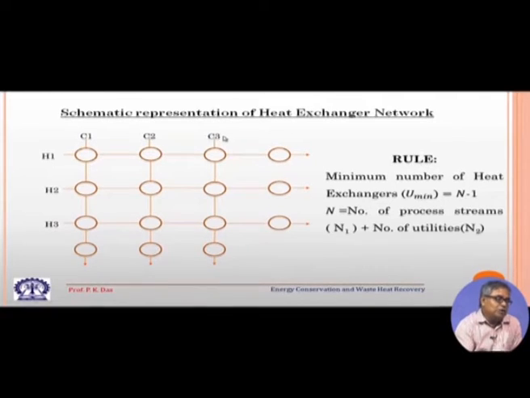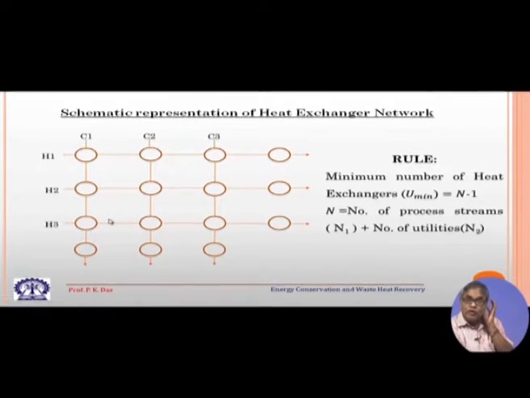For each of the cold streams we can see there could be a number of intermediate heat exchangers, not that all of them will have the same number of intermediate heat exchangers, but ultimately they might have some sort of a utility heat exchanger to bring their temperature to the target temperature.